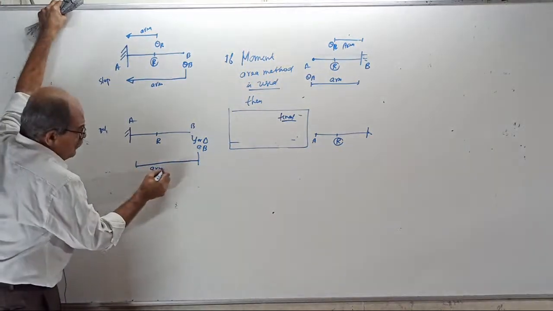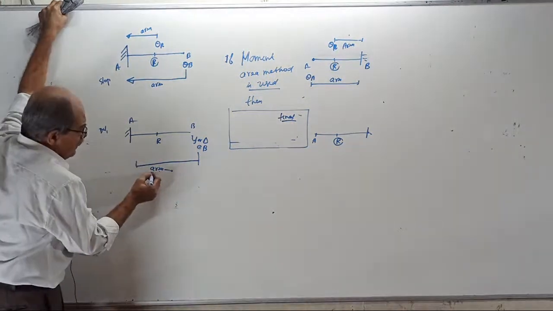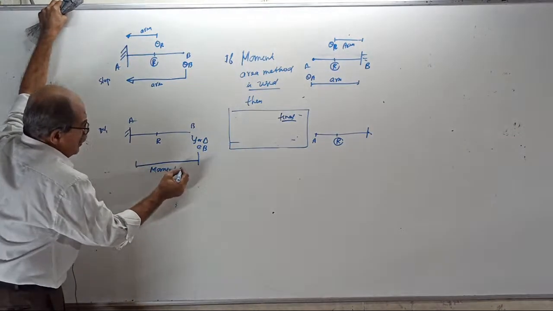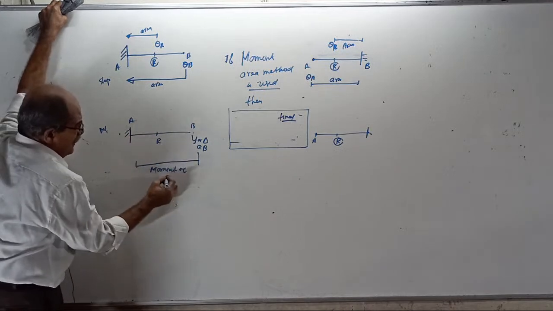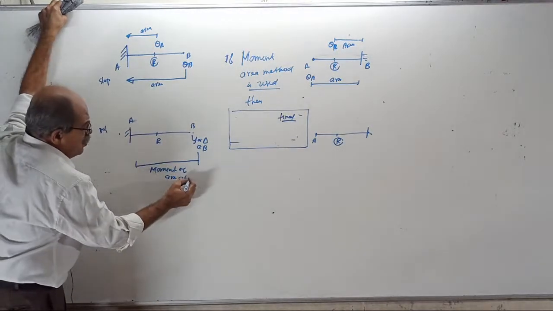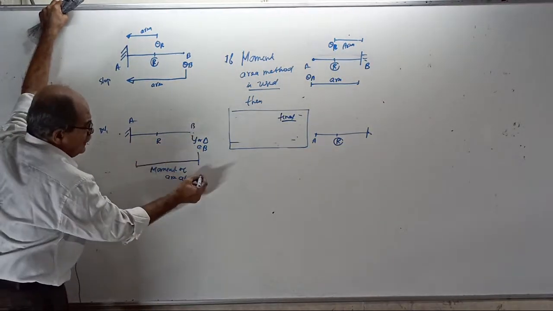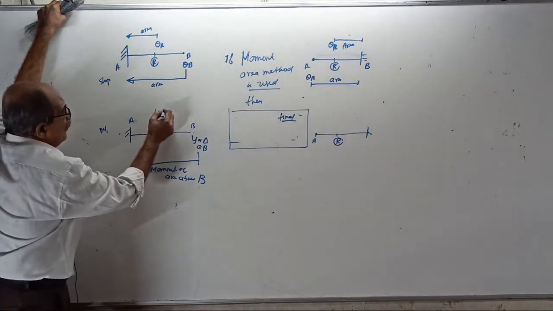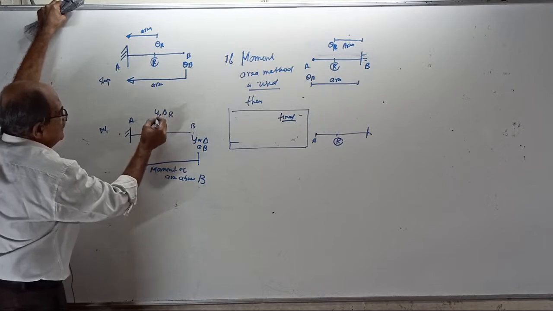Area to be considered, but remember, not the area, the moment of the area. Moment of this area about that point B. Suppose I want deflection Y or delta at R.